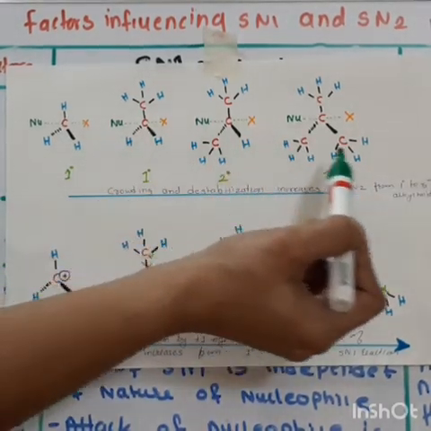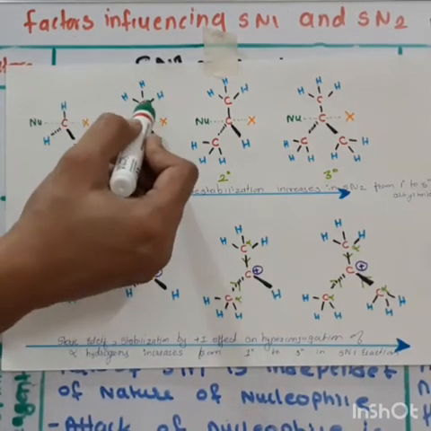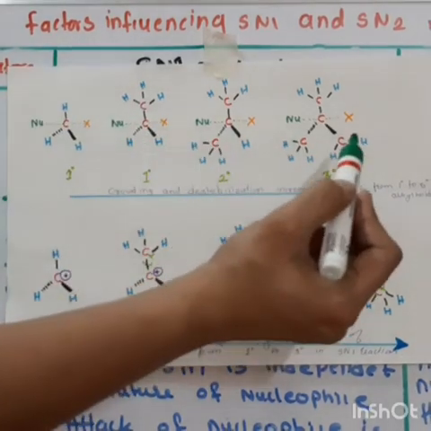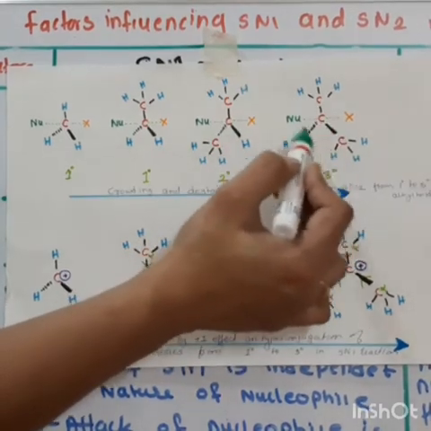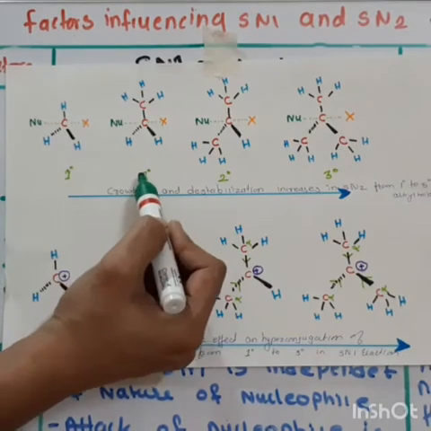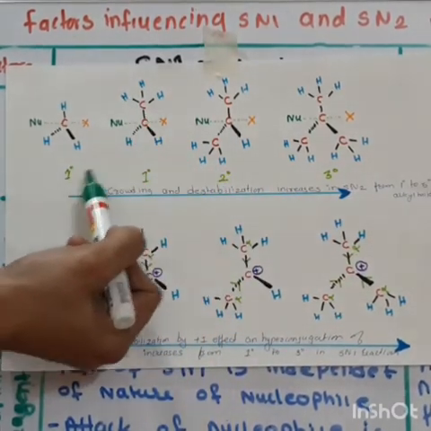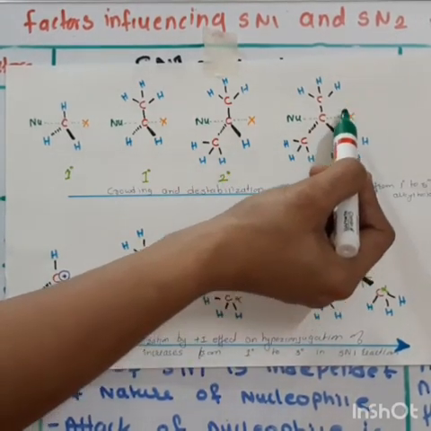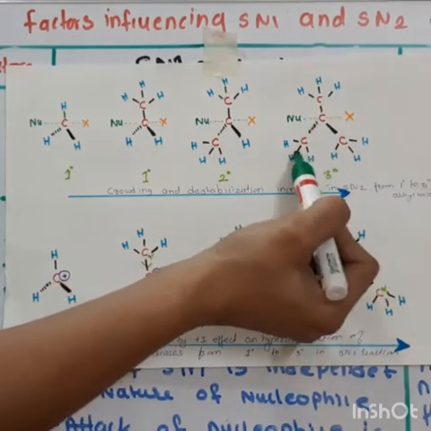Here destabilization increases as the crowd increases. Crowd means the alkyl groups attached to this pentacoordinate carbon increase from primary to tertiary. So destabilization increases. That means the stability of this pentacoordinate carbon decreases as it goes from primary to tertiary. It is stable in primary and less stable in tertiary as it is crowded from all 3 sides, that is 3 alkyl groups.